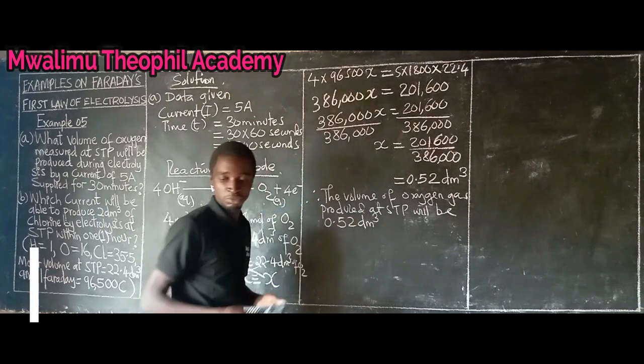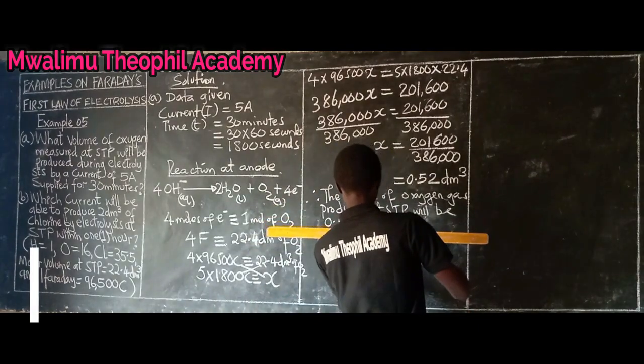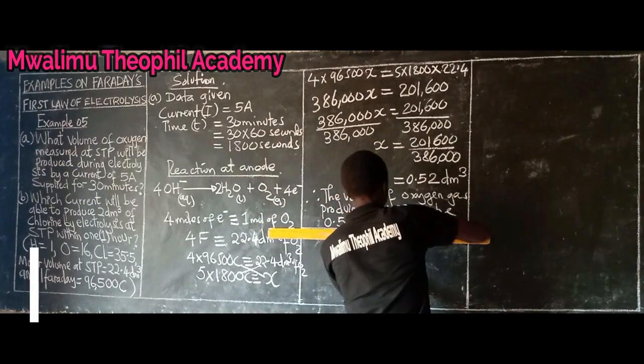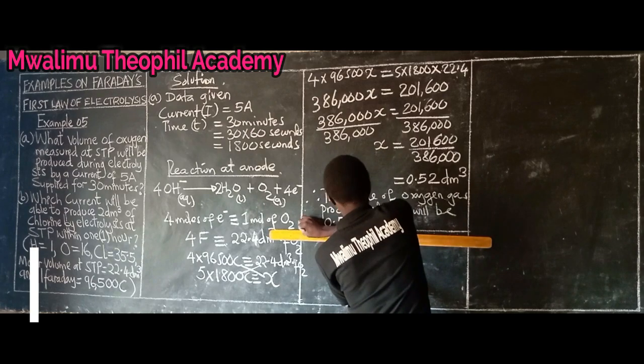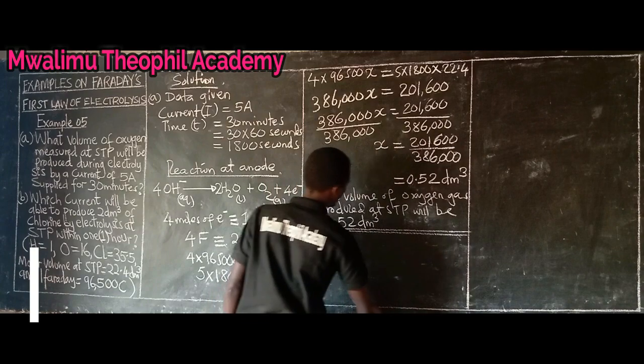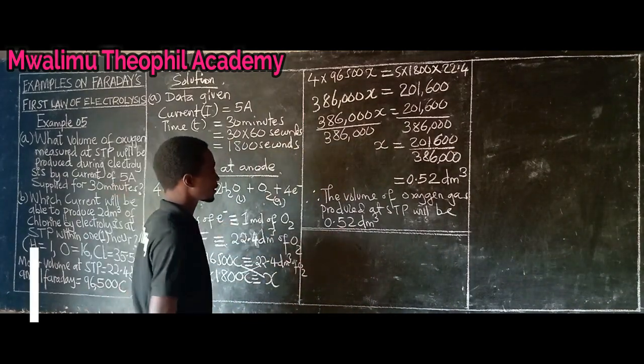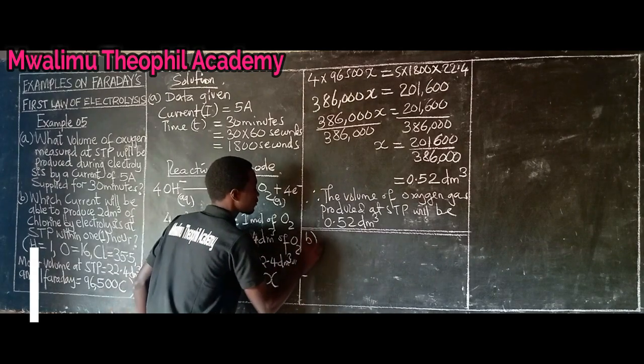Now this is the solution for part A, for example 5, part A. The volume of oxygen gas that will be produced is equal to 0.52 decimeter cubic. Now, after the solution for part A, let us see the solution for part B.